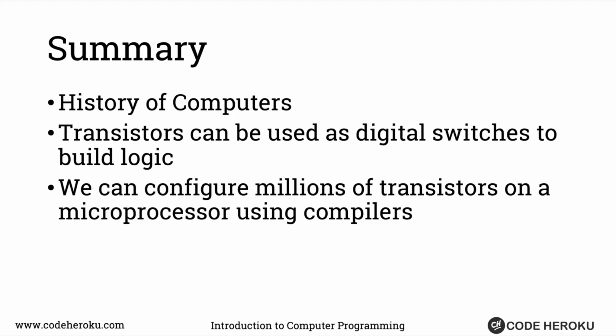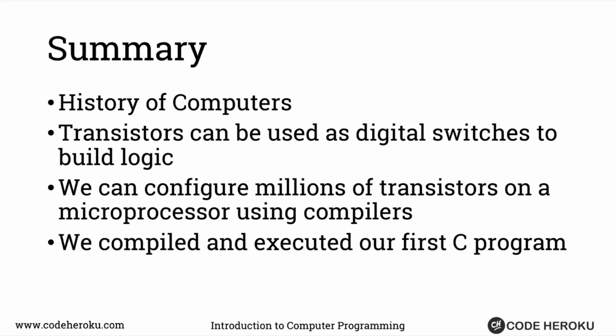But the question then arises: how do we configure these millions of transistors? And the answer was using something called compilers. And at last, we compiled and executed our first C program. So congratulations to all the guys and girls who were able to execute their first C program.